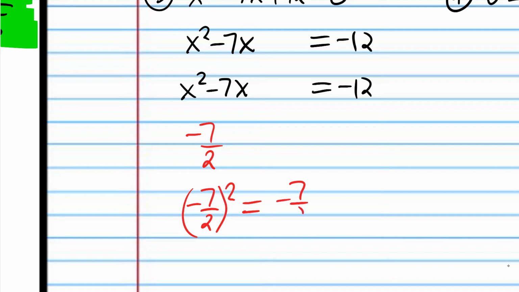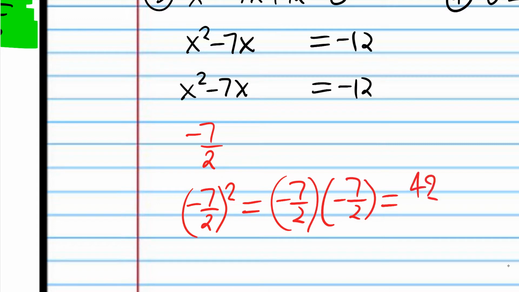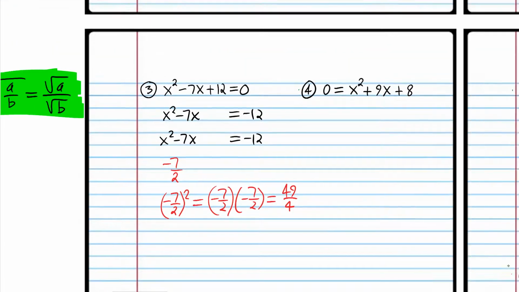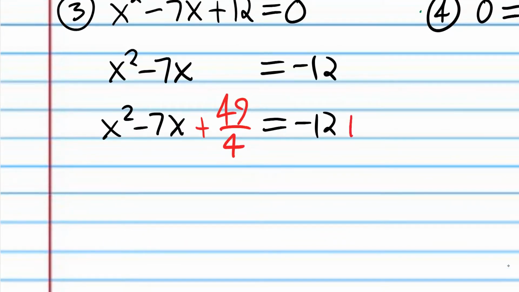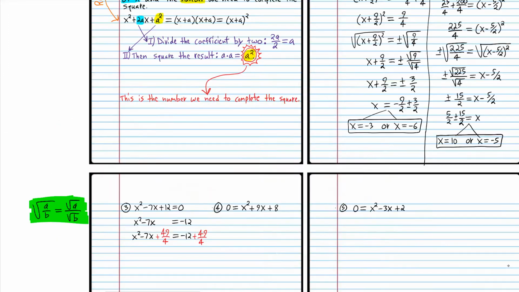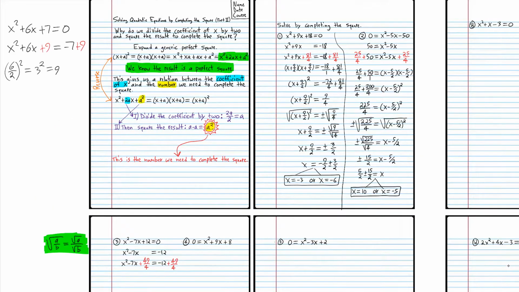And negative 7 over 2 times negative 7 over 2 gives us 49 over 4. So 49 over 4 is the number that we're going to use to complete the square. So we're going to add that to both sides. And now we just completed the square.